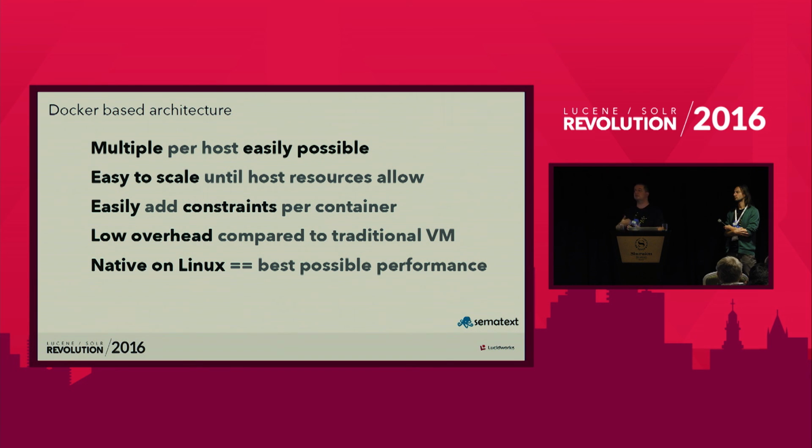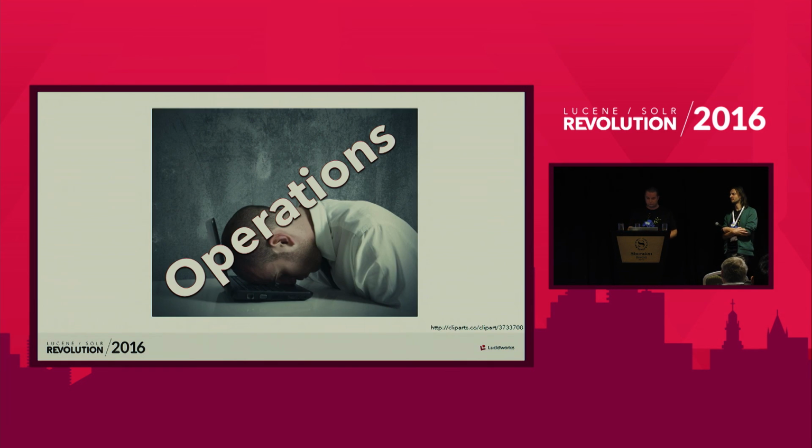Native on Linux, this is the best performance you can get out of Docker, as Radu mentioned, on top of OS X or Windows. It runs in a VM there. However, right now, already with the newest Docker version, it's hidden from the client, so it's nice we get the same experience, but still, this is not a truly native solution.